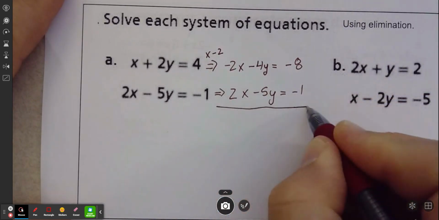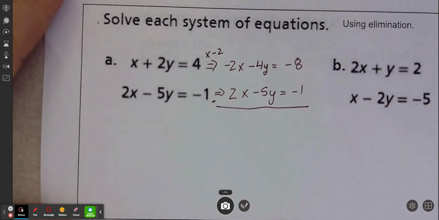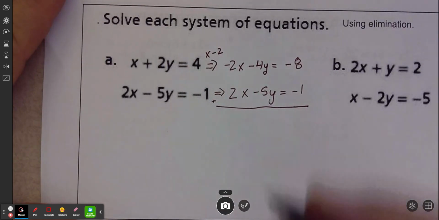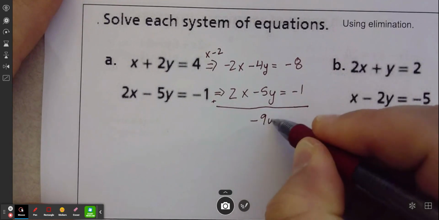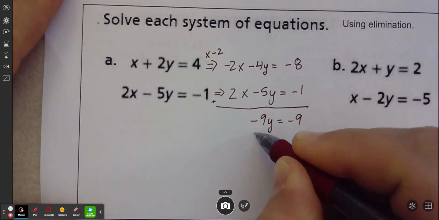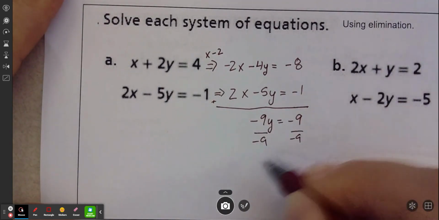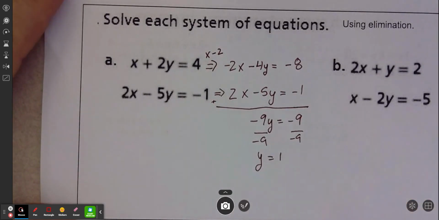And now I'm ready to do my elimination. Now I can add. I prefer making that a -2x and adding than trying to do subtraction. Sometimes I think it will make fewer mistakes. That's eliminated. We get -9y equals -9. Divide by -9. And y equals 1.